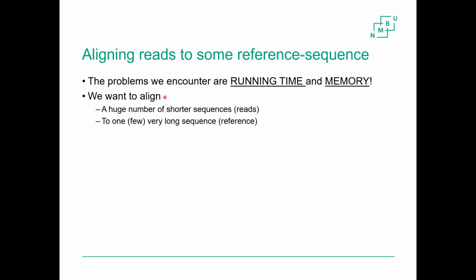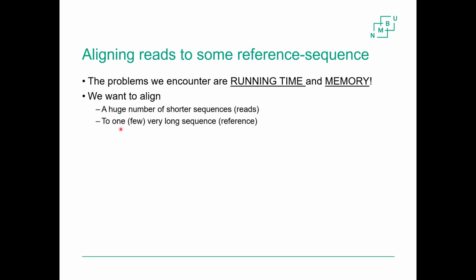Because what are we looking for now? We want to align a huge number of short sequences, our reads, to one or a very few very long sequences, the reference. This is typically the setting now. And this is very different from what we use BLAST for, right? You typically use BLAST if you have one gene or a protein, and then you want to search for similar genes and proteins in a database.